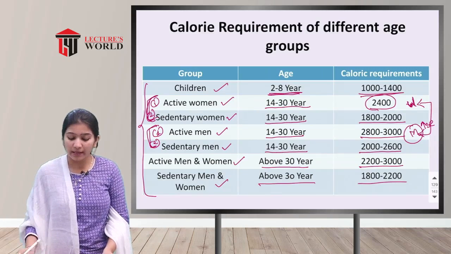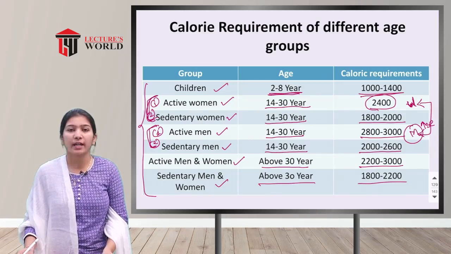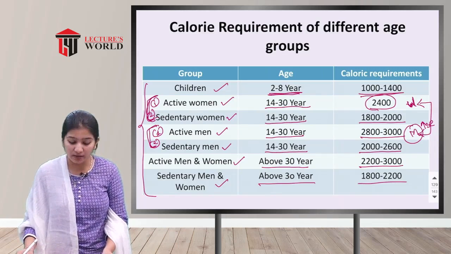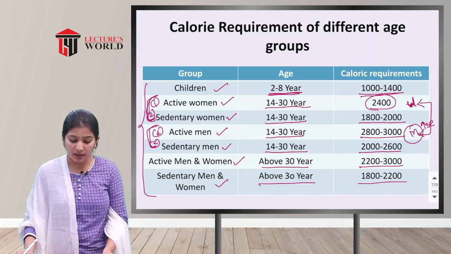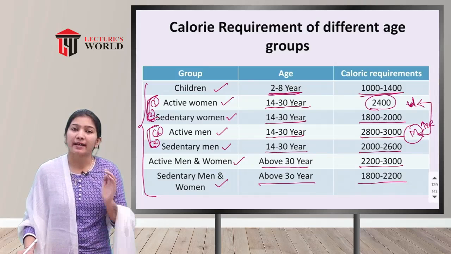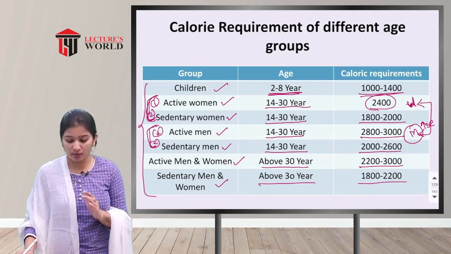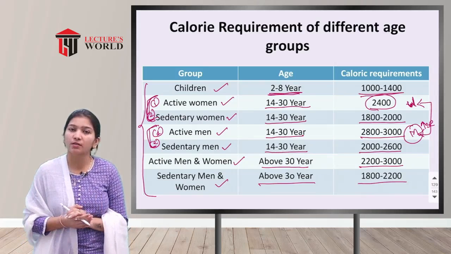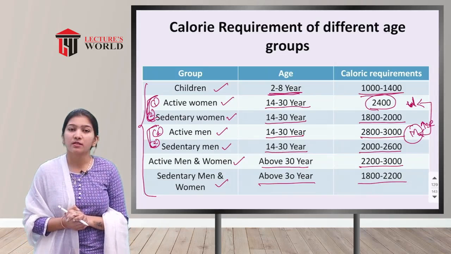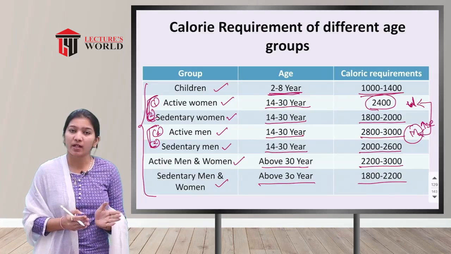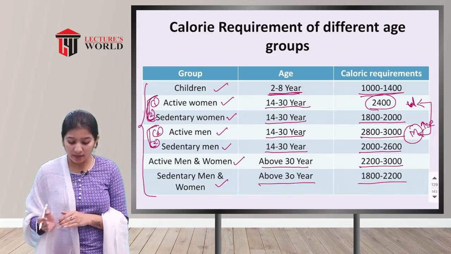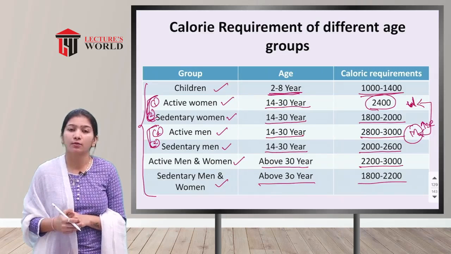Okay, so this is the calorie requirement of different age groups. We have discussed different age groups: children, 2 to 8 years, women, active and sedentary, aged 14 to 30 years. We have discussed active and sedentary males of the same age, 14 to 30 years.